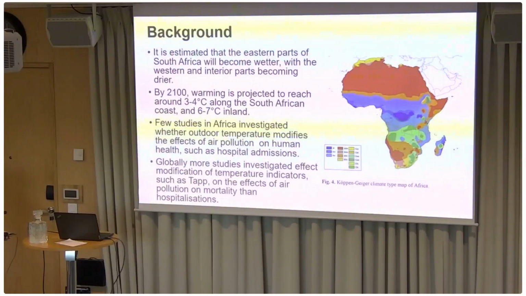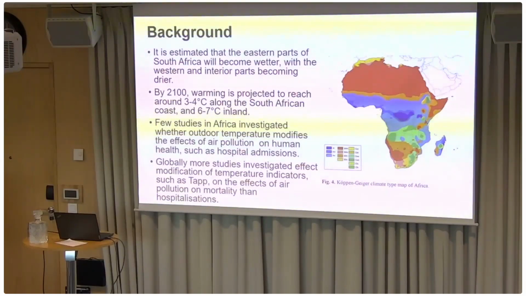This is just a picture of the current Köppen-Geiger climatic map of Africa. It will be interesting to see what this map will look like at the end of the century, how the climatic zones will shift. Perhaps the entire South Africa will be red, an arid region.